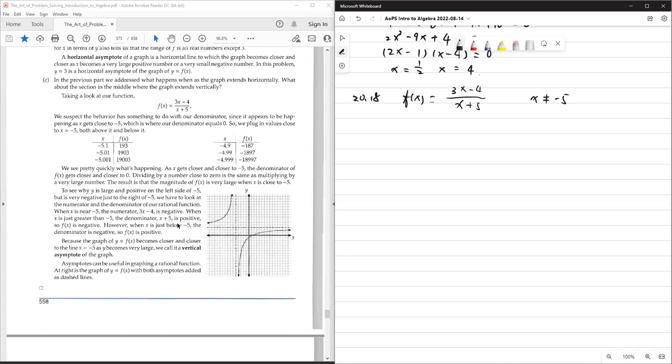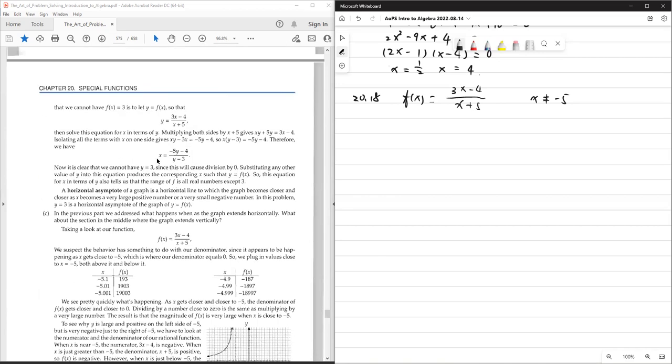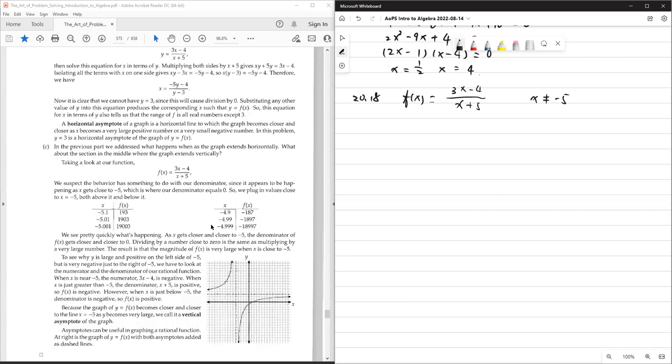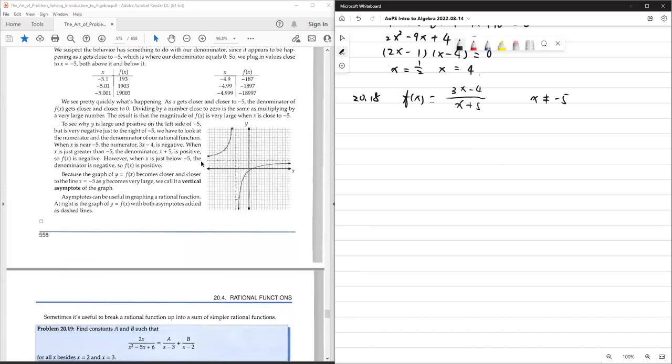Y equals 3 is because of this. If you were to express x in terms of y, you cannot have this be a 0 denominator either. So there are these two numbers for x and y that the graph will never reach. Therefore it becomes the shape of the graph.